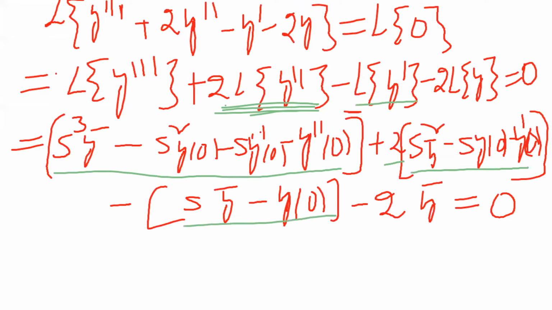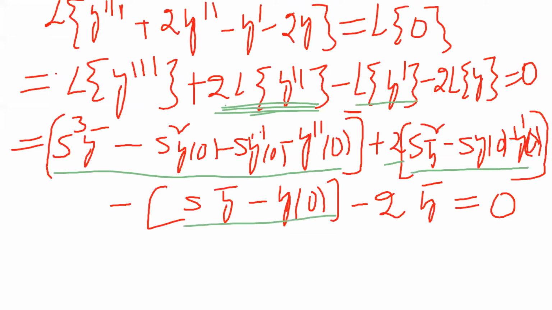It is converted to first s cube y bar minus y of 0, 0, minus y dash of 0, 0 into s, here 0 into s square 0, here 0 into s also 0, minus y double dash of 0, that equal to 6.